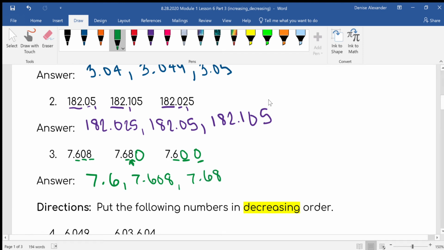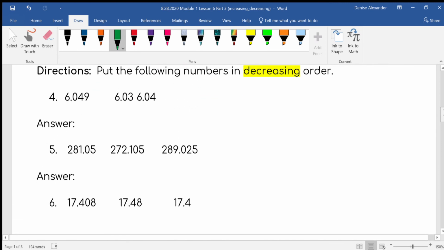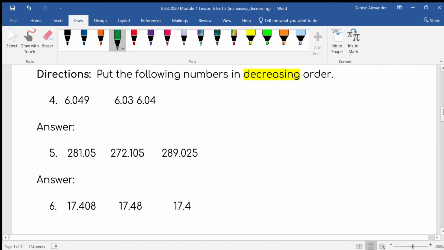There you go. Now we're going to work on decreasing order, you guys. Here we go. So that means we're putting the smallest number last. We need to make sure the biggest number goes first. Now let's hope Mrs. Alexander remembers that for you guys.